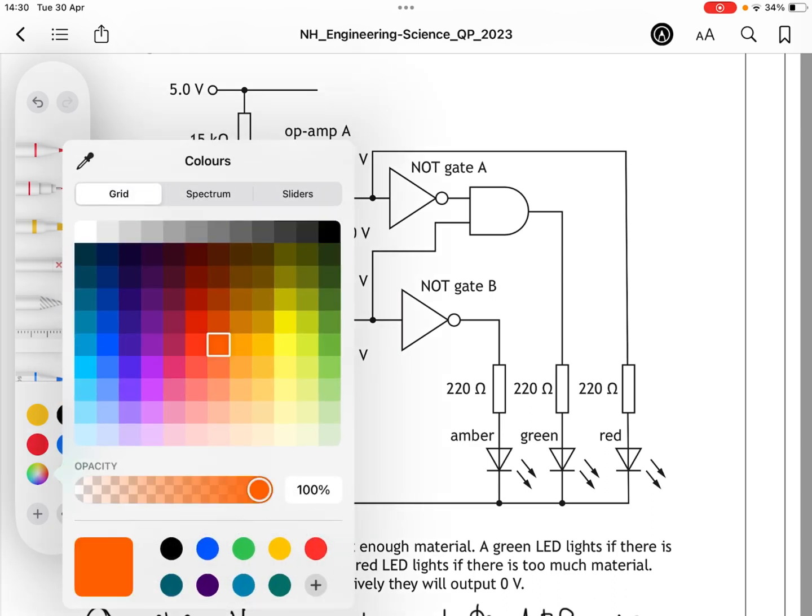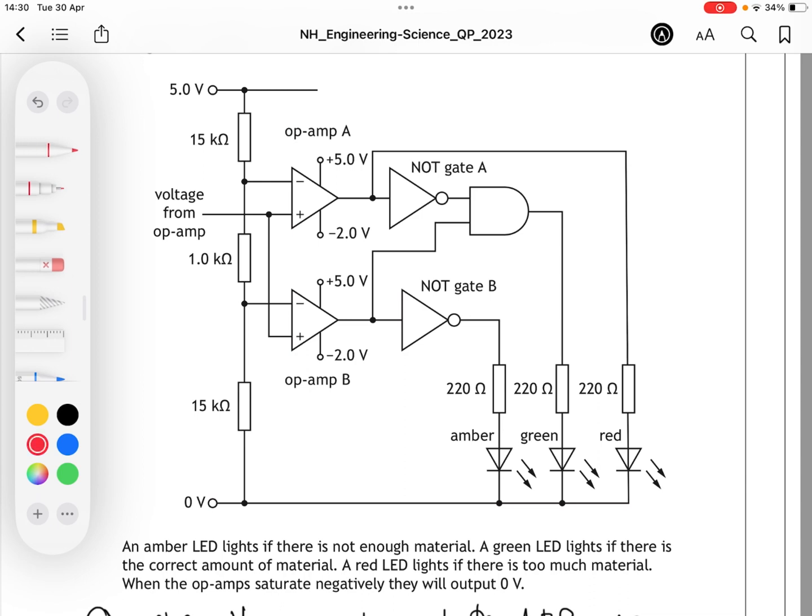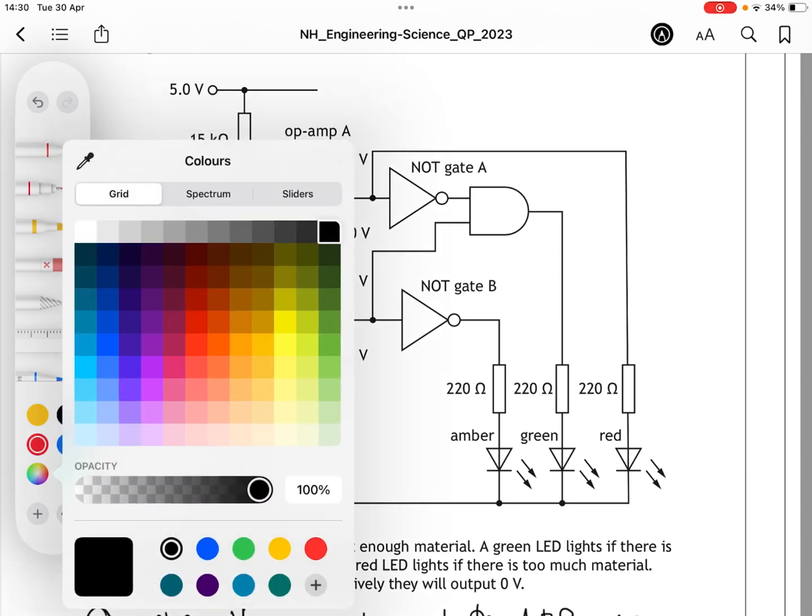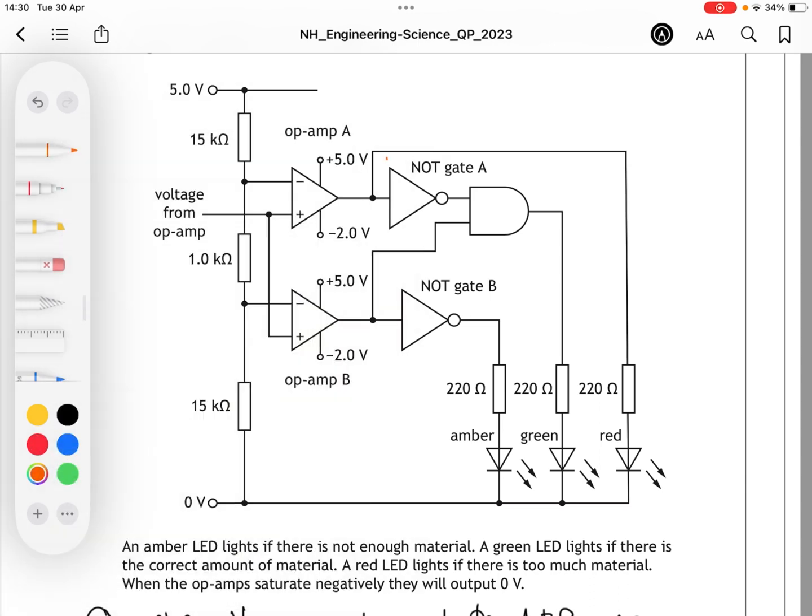So here now, if I've got a medium input, I know that this part of my voltage divider and this part haven't changed.